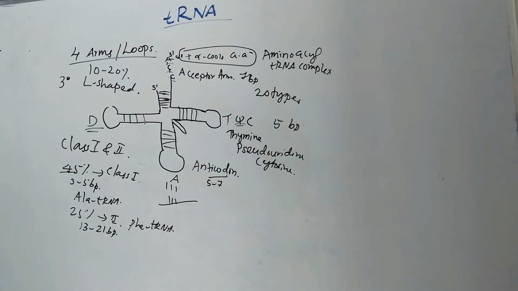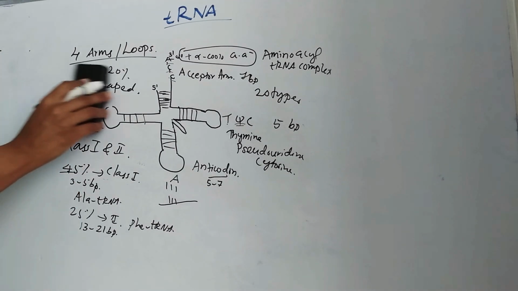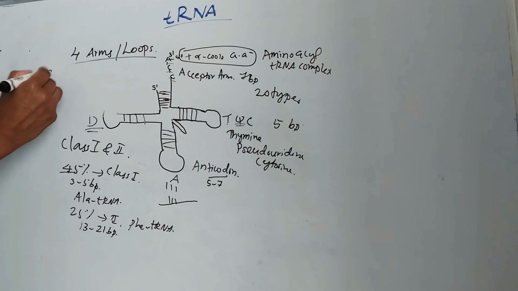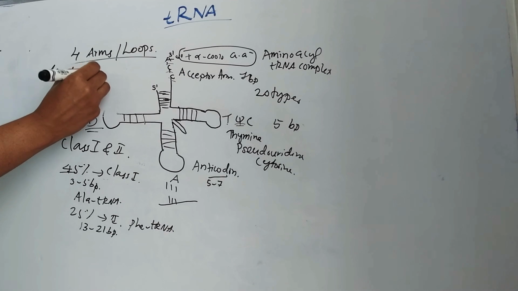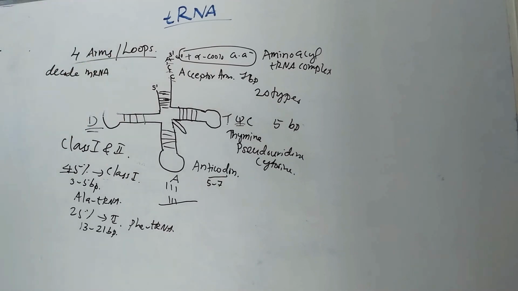The main function of tRNA is that it helps to decode an mRNA sequence into a protein. tRNAs function at specific sites in the ribosomes during translation.